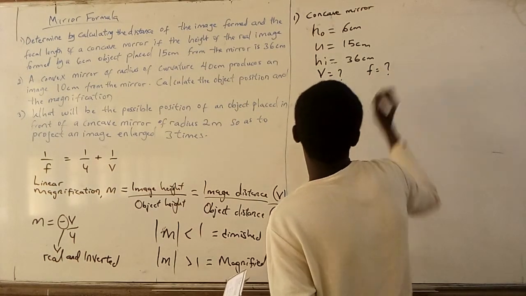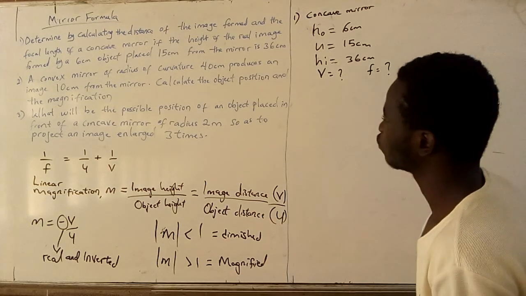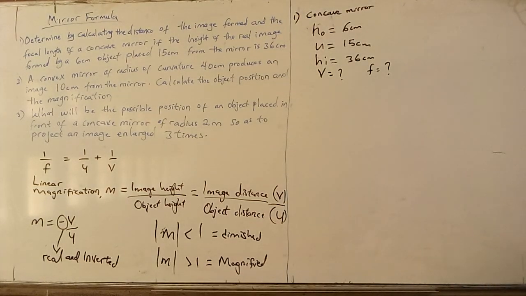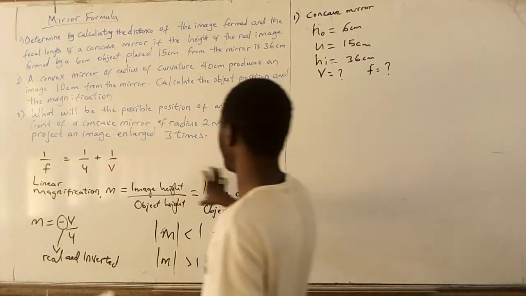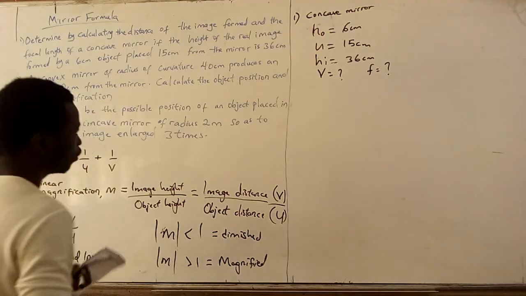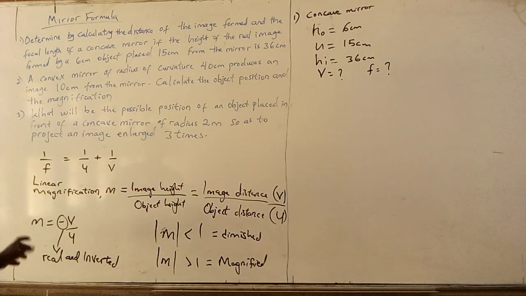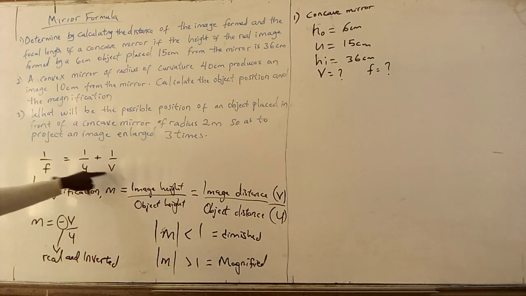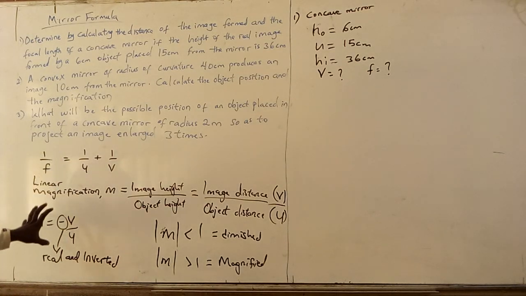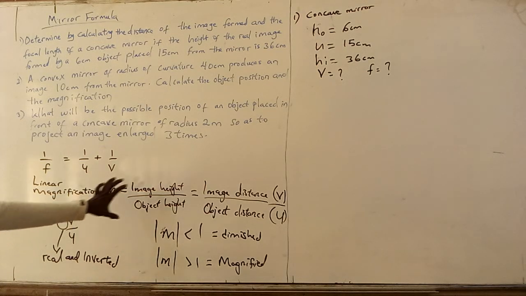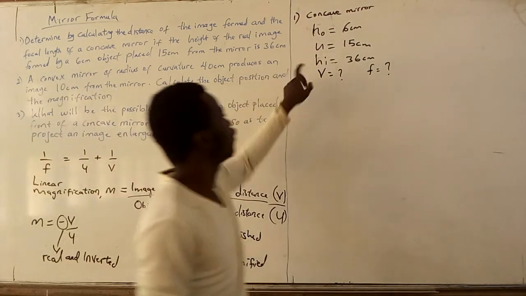Given this information, we can look at what we can use here. I can't use the first formula for now since I don't have v and I don't have f. But I can use the magnification formula to get v.